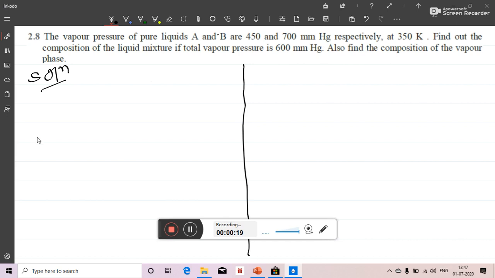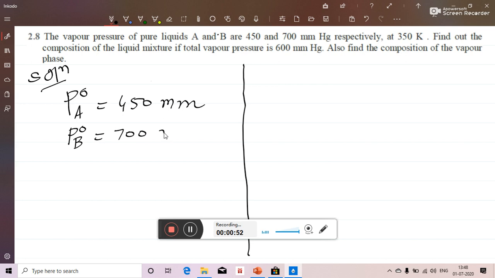So here the vapor pressure of pure liquid A, that is PA naught, is equal to 450 millimeter, and the vapor pressure of pure liquid B, that is PB naught, is equal to 700 millimeter respectively.